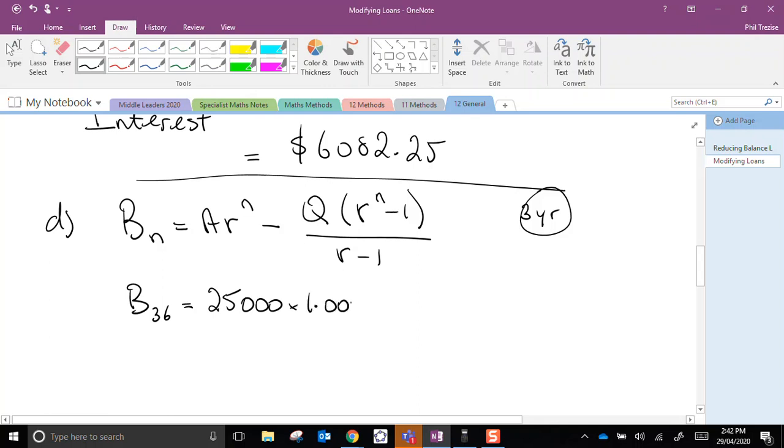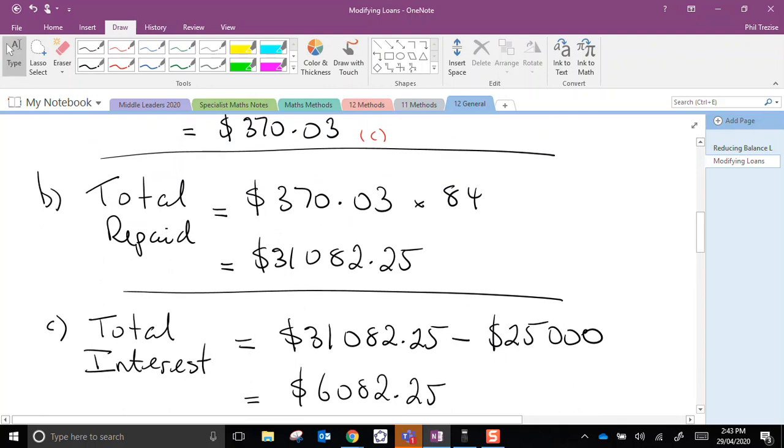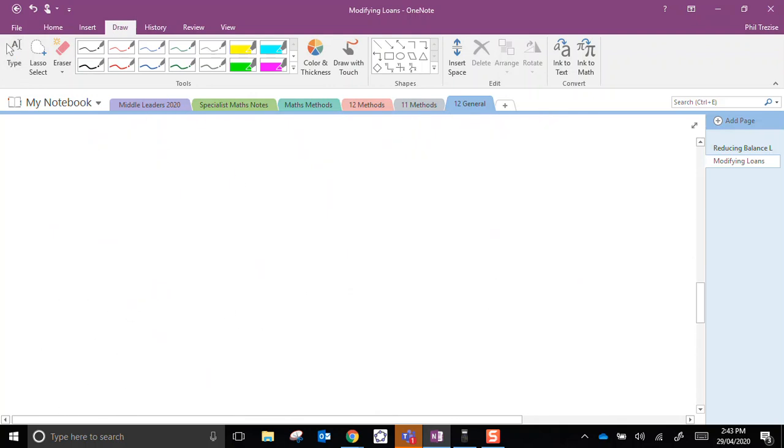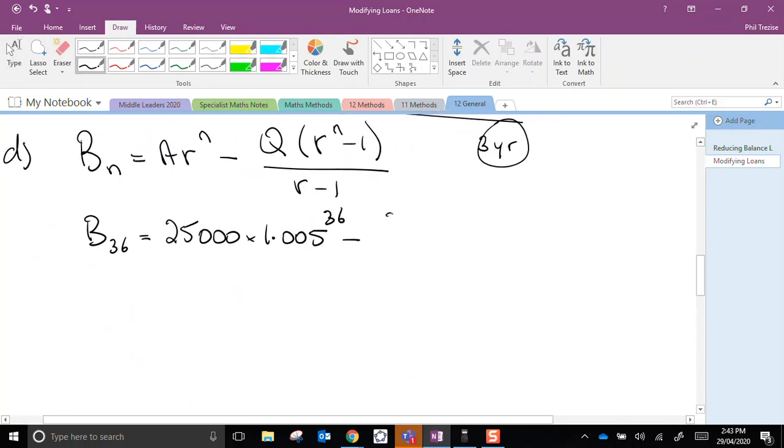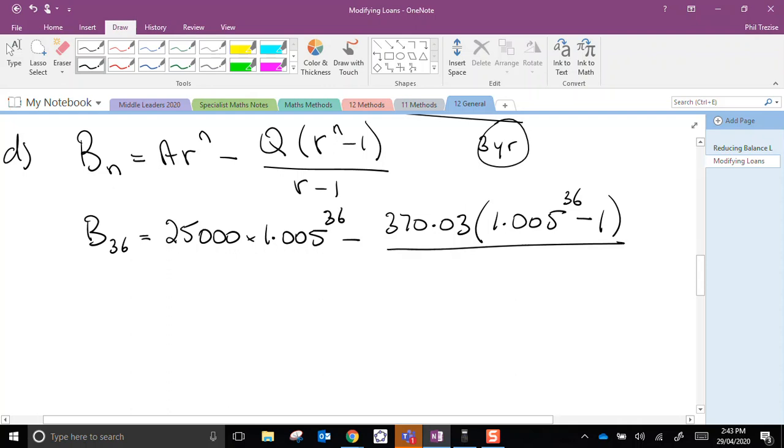R was the number 1.005 to the power 36. Our Q value was $370.03. Again, R is 1.005 with a lot more decimals. Don't forget it's stored in the calculator safely. Minus 1, and just that part is divided by 1.005 minus 1.